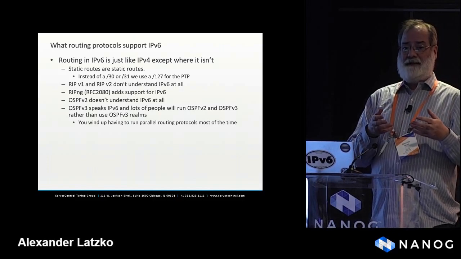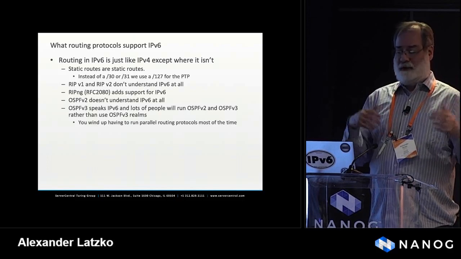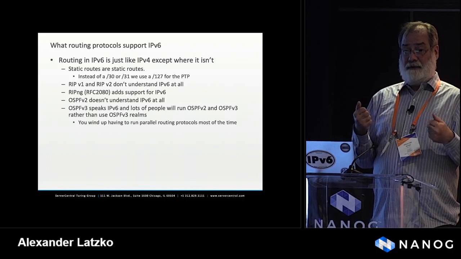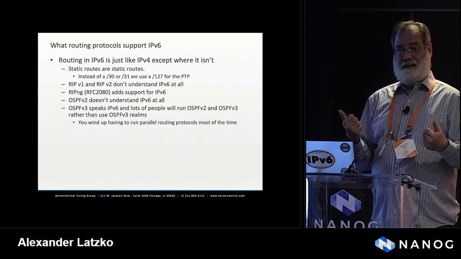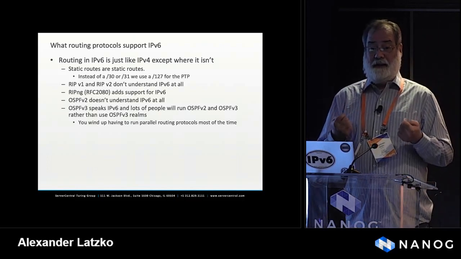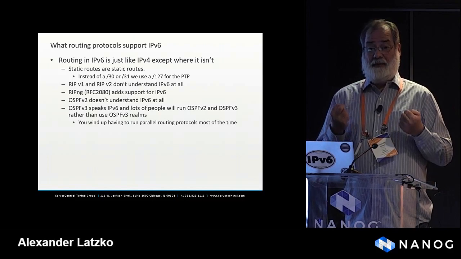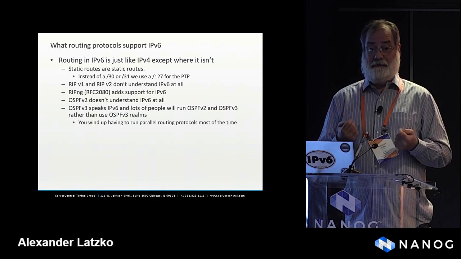You can have slightly different allocations. You can do different quality of service, whatever. I have found a few places that are doing v3 realms in production, mostly in Africa. I don't know. Point is, though, depending upon what routing protocols you're running, in order to run v6 effectively, you may have to throw out your current routing.